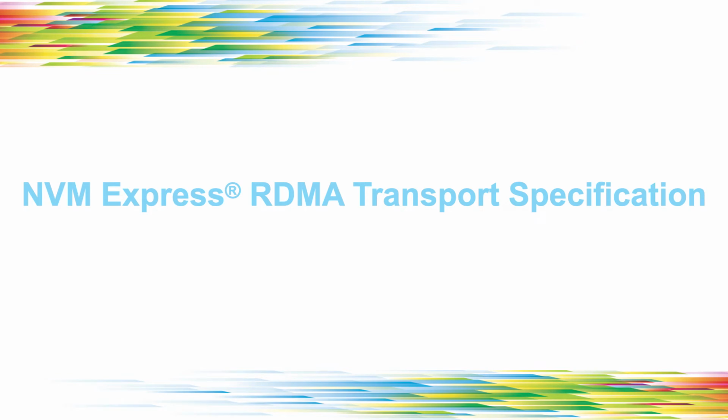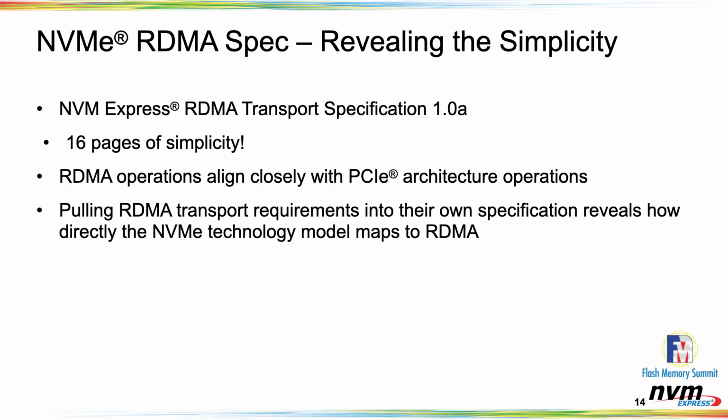And for RDMA in particular, there's a whole RDMA specification that was developed originally by the InfiniBand Association, and there's all sorts of complexities there, but it's at a layer below where we need to do NVM Express mapping. So the NVM Express mapping actually turns out to be incredibly simple, and what was accomplished in the 2.0 refactoring was revealing how nicely, cleanly, and simply NVMe over Fabrics maps onto RDMA.